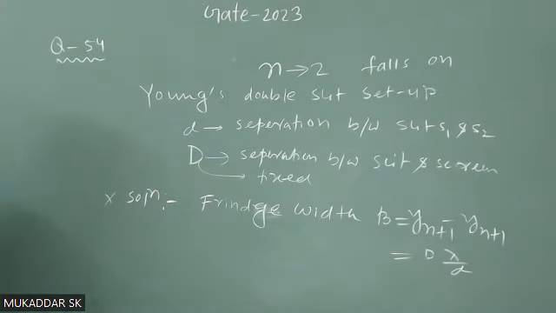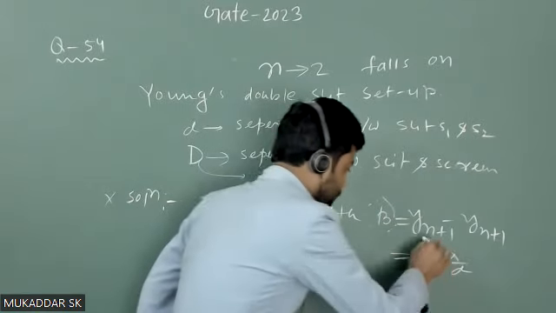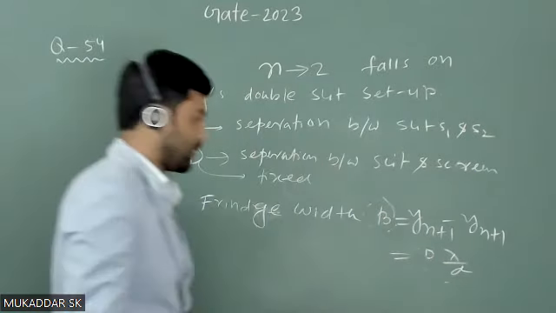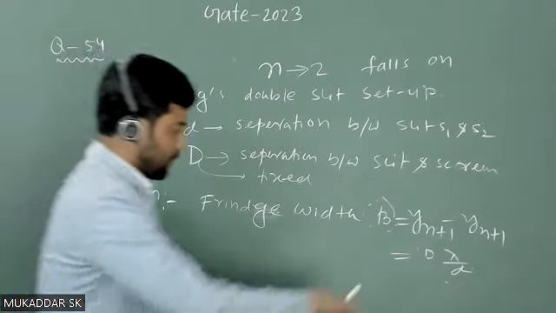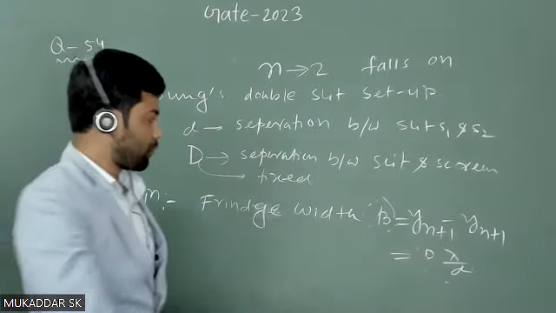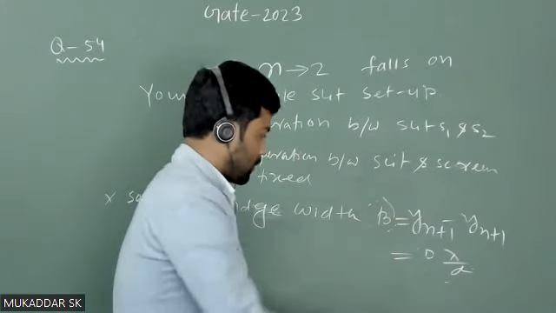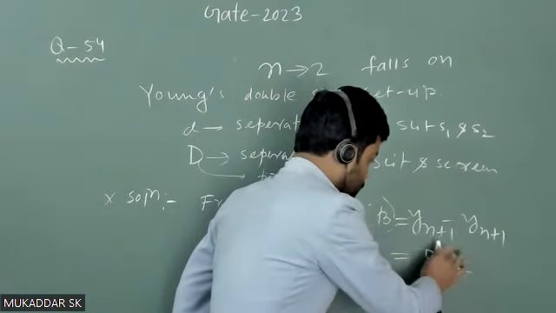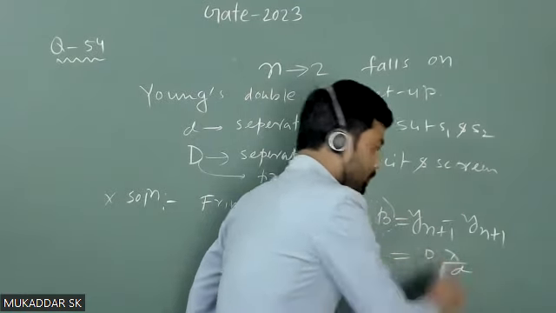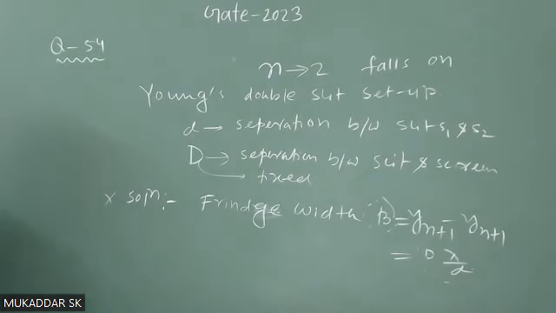In order to keep the fringe width beta constant, we have to keep this factor constant. Since capital D is fixed, we have to maintain a constant value of lambda by d.